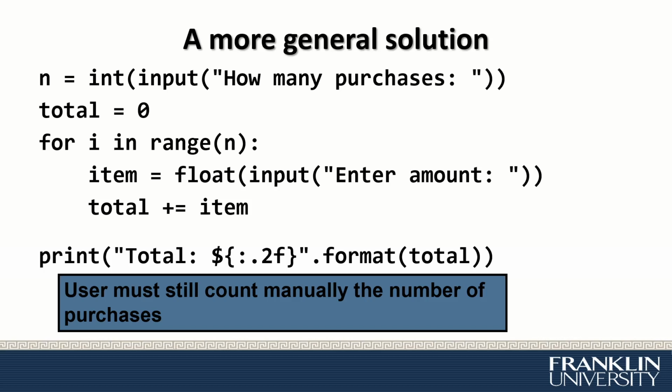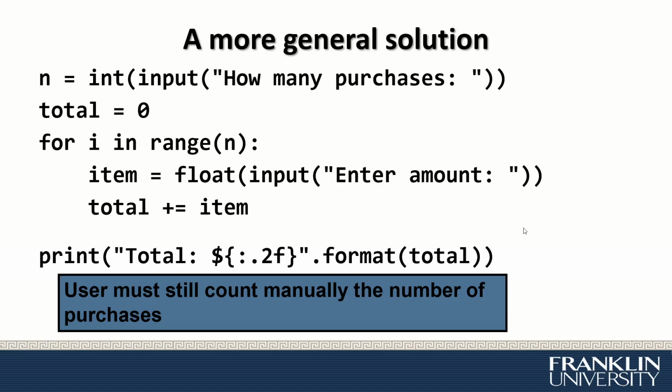However, it's not that intuitive because the user has to count how many purchases he or she made, and it may not be easy to figure out how many purchases you have. So it worked, but it's not as desired, I would say.